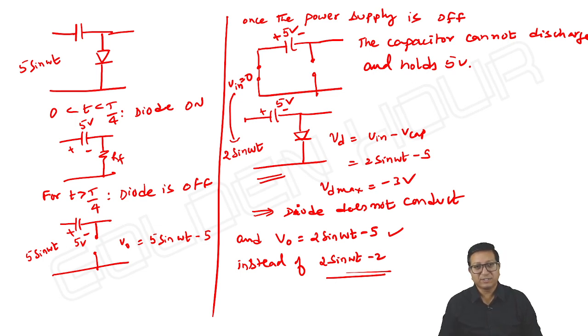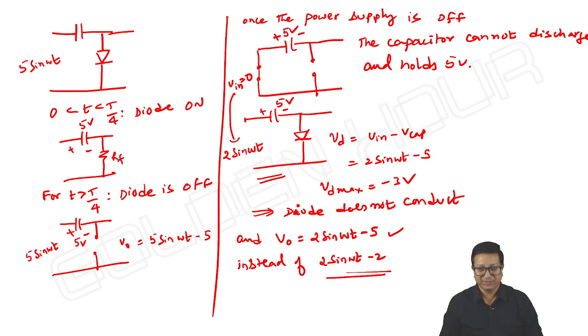But now, with the same circuit, if I switch off the power supply, switch it on again and apply an input of amplitude 2 sin omega t, then what is the output? You expect 2 sin omega t minus 2, but you get 2 sin omega t minus 5 because the capacitor is unable to lose the voltage it has acquired in the previous transition. This is the problem.